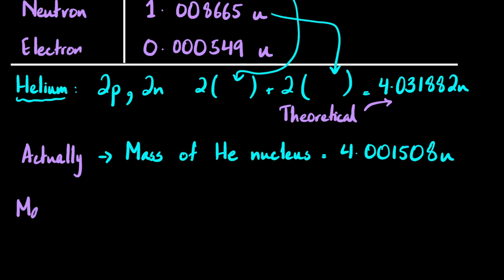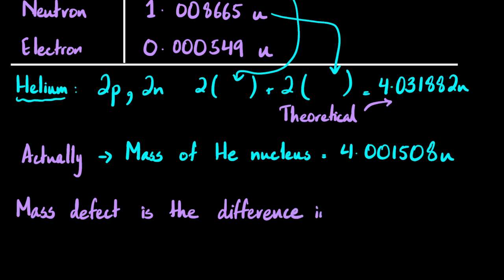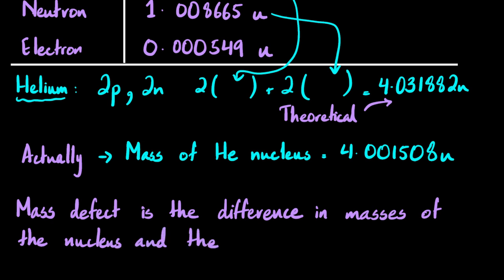So the mass defect is defined like this. The mass defect is the difference in masses of the nucleus and the separate, basically the constituent nucleons.